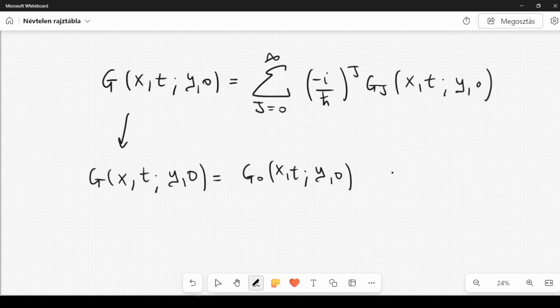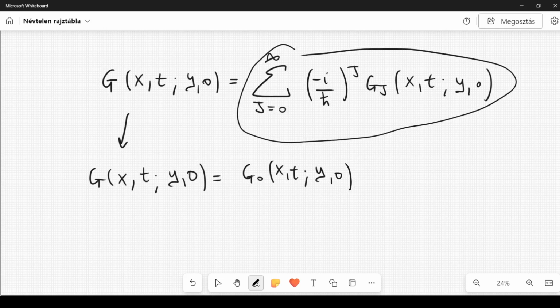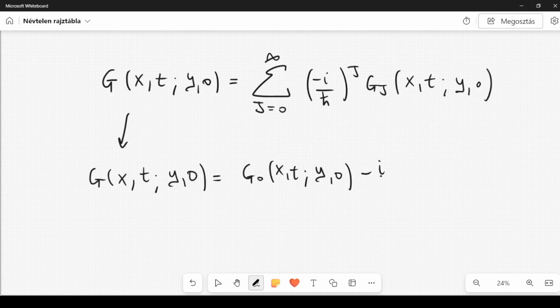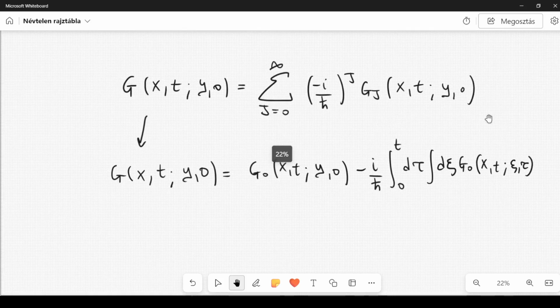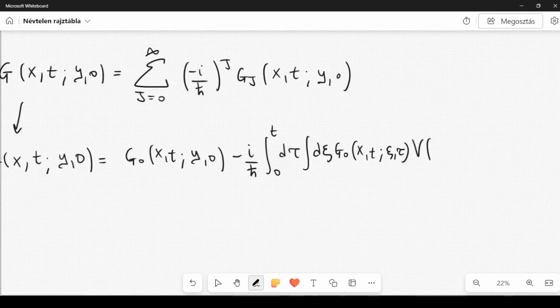But you can write the other terms that come after the first one like this: minus i over h bar, integral from 0 to t d tau, integral d xi, G0 of x, t, xi, tau. Then here you have the potential at xi, and here you have the total propagator G of xi, tau, y, 0.